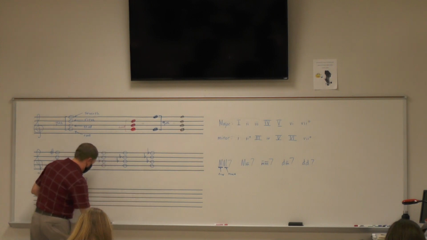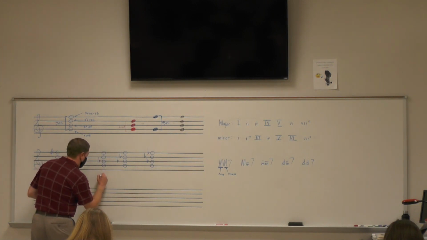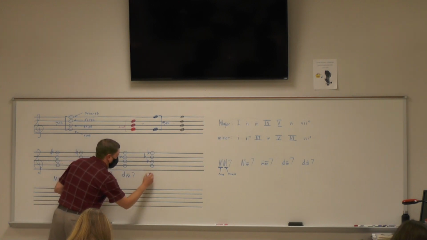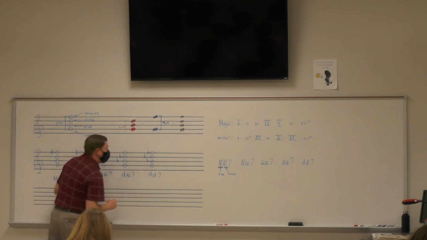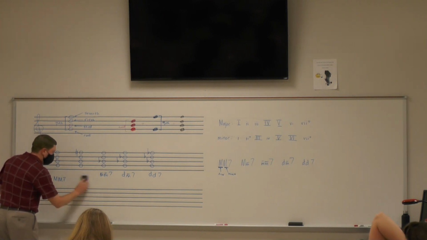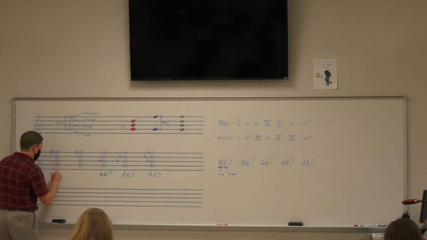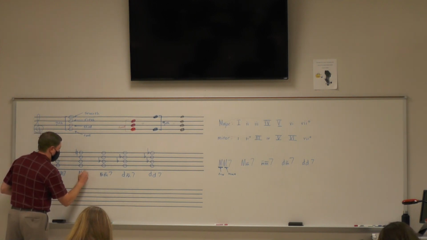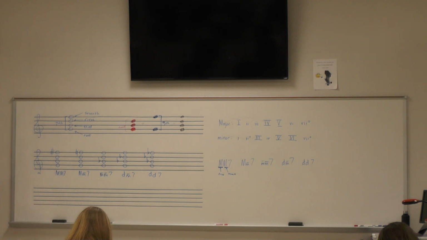I'm going to just raise this a little bit so I can get a little more room here. Okay. The author in your textbook uses 2 different symbols for 2 of these 7th chord types than I do. Just know them.